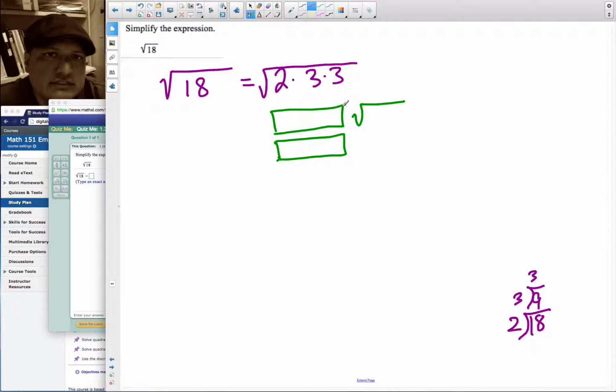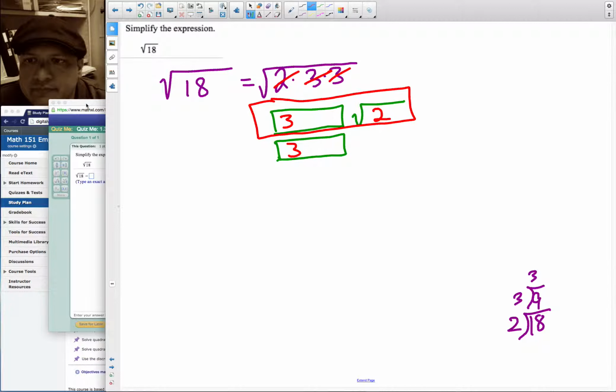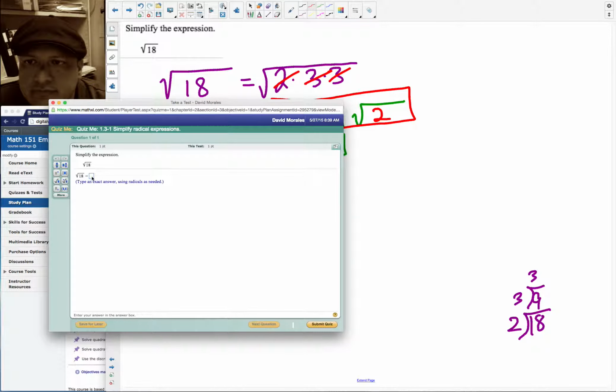The 2, we don't have enough of, so it stays here. The 3s, there's enough to go around. And what's nice is that this becomes your answer. 3 radical 2. We'll do some more so that will make more sense.